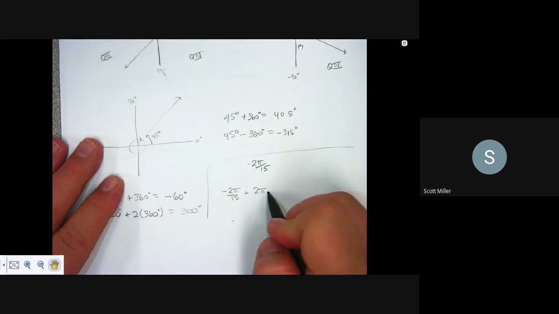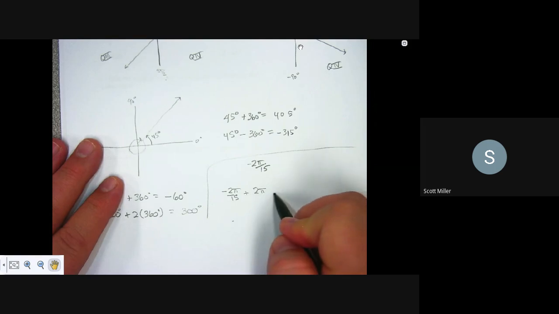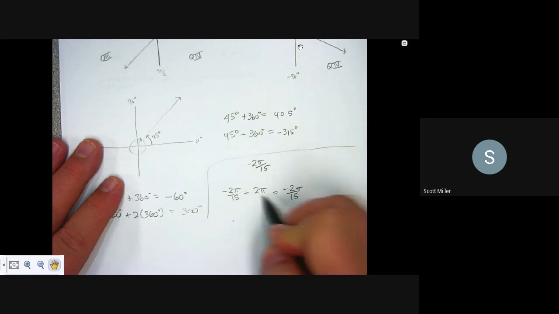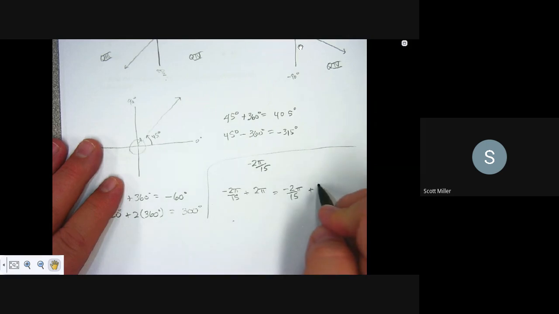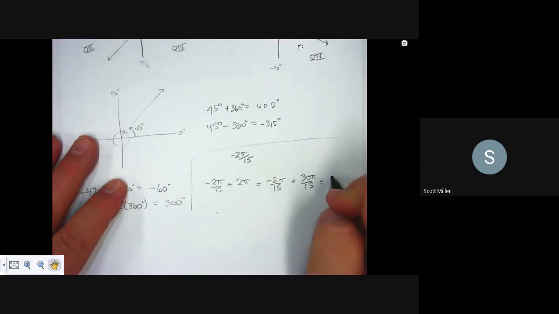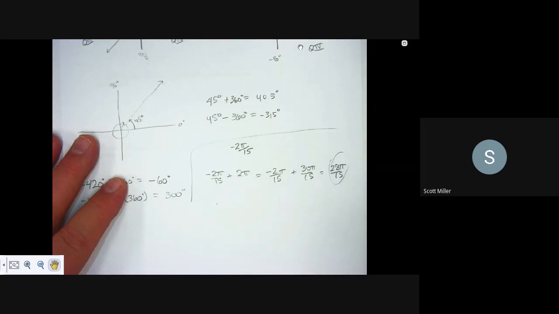Forget the pi's, just think of it as fractions. So I have negative 2 over 15, and then I'm going to change 2 to 30 over 15, which gives me 28 pi over 15. If you can reduce this fraction, you do so, but it's not going to reduce. And so there is my positive coterminal angle.